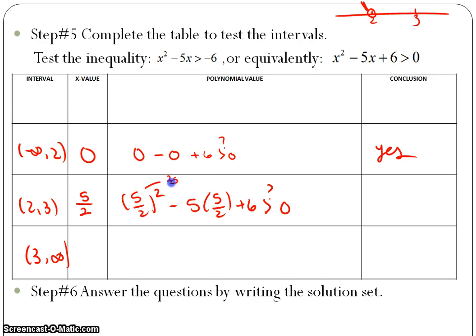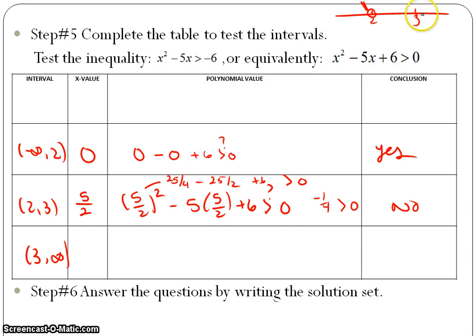So you have 25 over 4 minus 25 over 2 plus 6. Is that number bigger than 0? So find a common denominator. If you write it all over 4, the middle number is 50 over 4 and 24 over 4. And so we end up with minus 1/4. Is that bigger than 0?